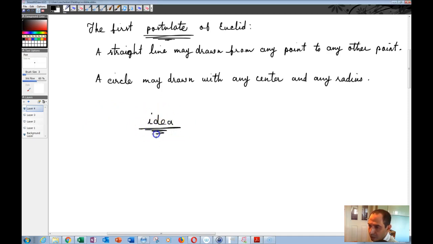This word idea can have different kinds of meanings for different people. Probably everybody has a different meaning, and that's the problem we have with communication.